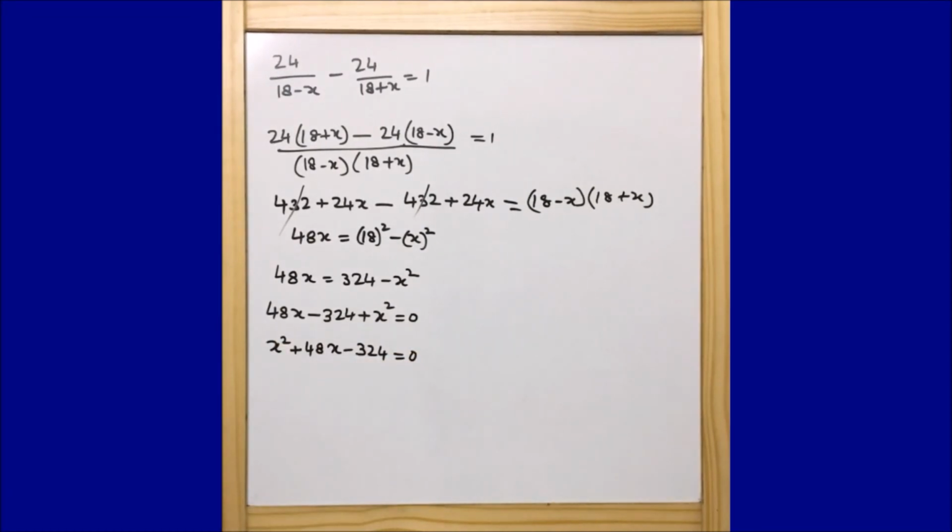So this is what we got, one quadratic equation. Our quadratic equation is x square plus 48x minus 324 is equal to 0. Now let us apply the quadratic formula here and solve this equation.